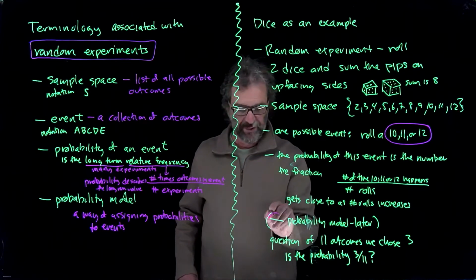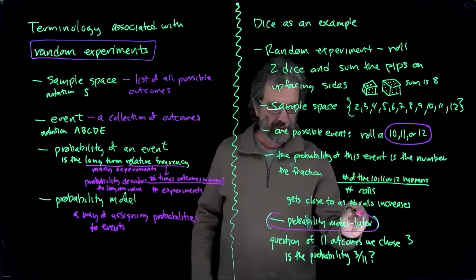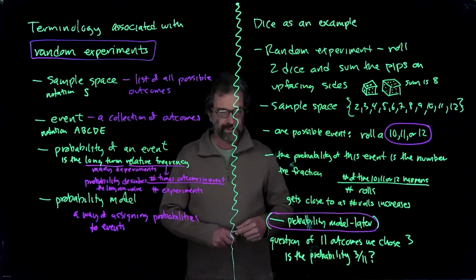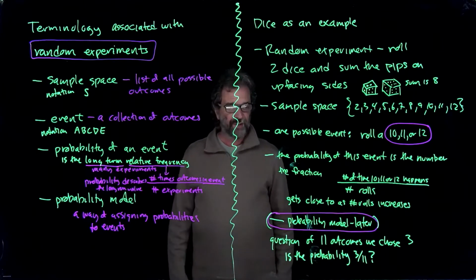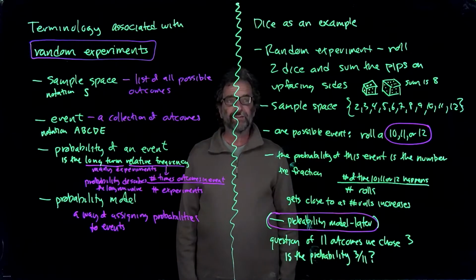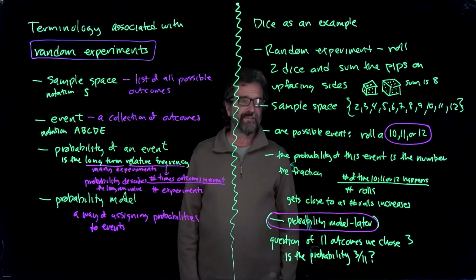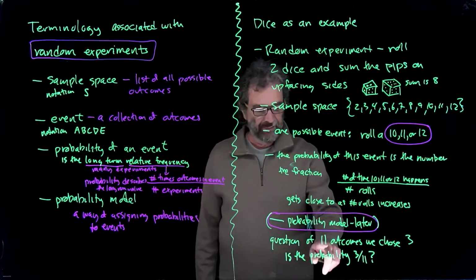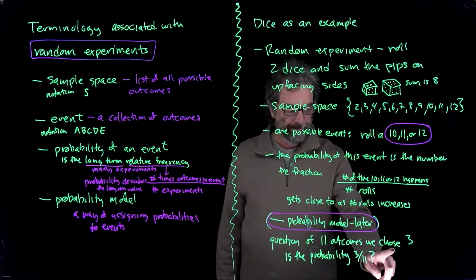We can't do it now. There's a way to assign probabilities, but we're more interested in the experiment in a more basic way at the moment. And our question we're trying to answer now, for that experiment and that sample space and that event and that probability question: of 11 outcomes, we chose 3.